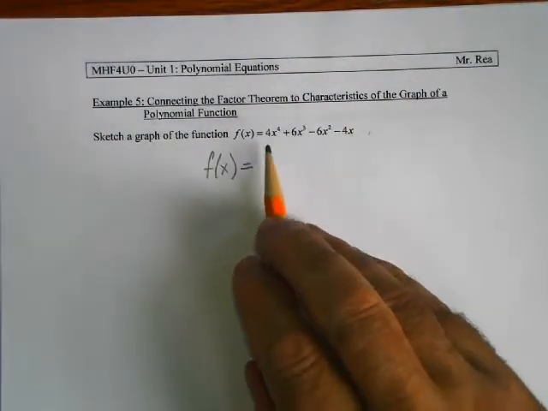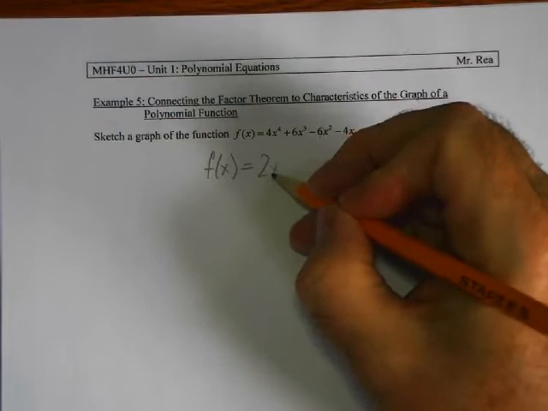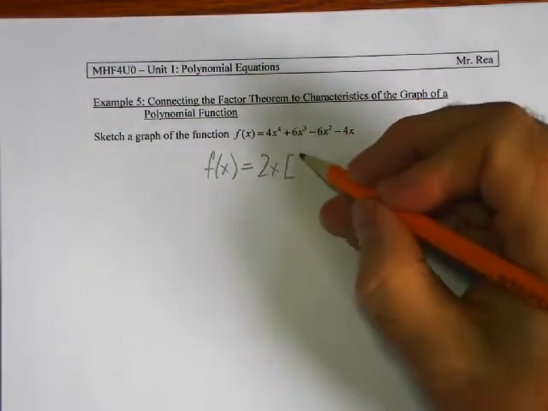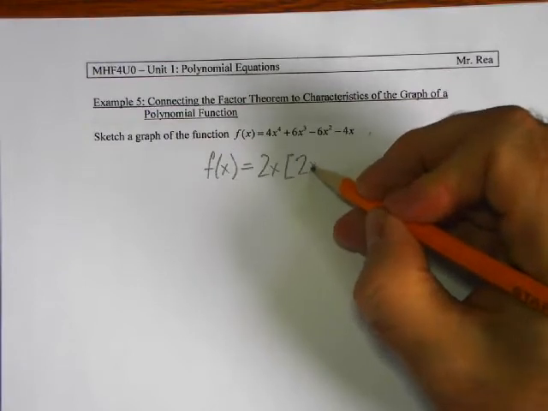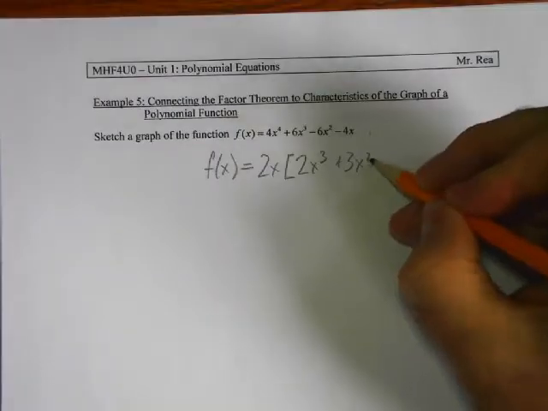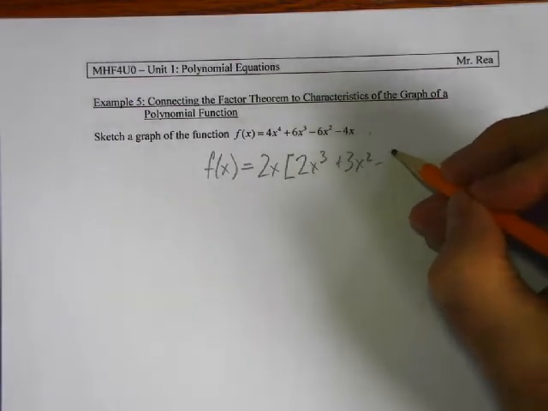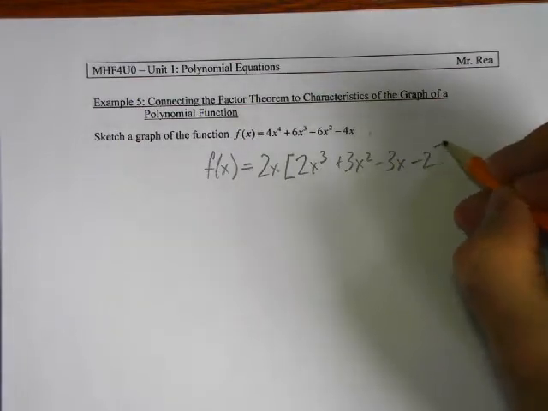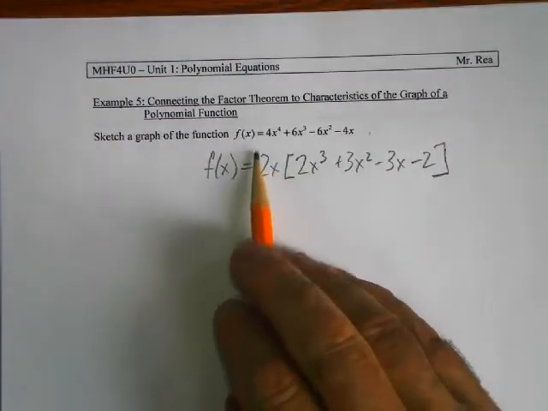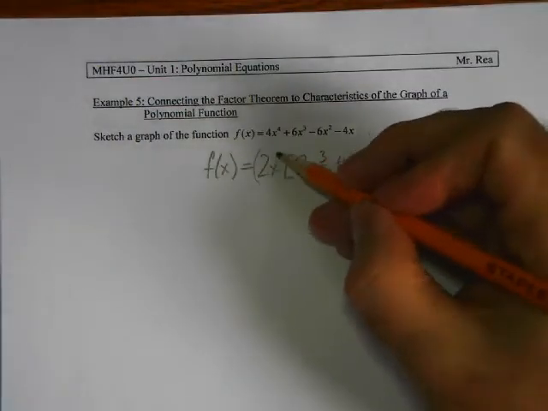It's 2x. If I factor 2x out, I'll put the result in square brackets. That's going to leave me 2x cubed plus 3x squared minus 3x minus 2.